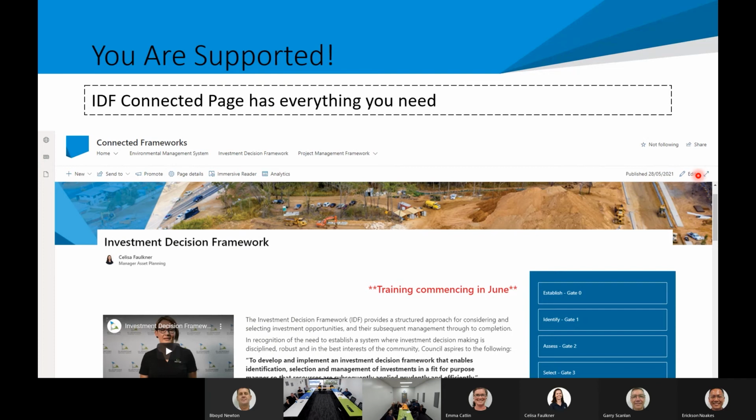So the IDF connected page will be the source, and not everything is there right at this minute, but we're building it and getting everything in there over the next 3 weeks. And it'll continue to grow as this thing grows and we learn from it as well. So please go to the connected page if you're lost or stuck, and there's also other avenues of support for you as well.